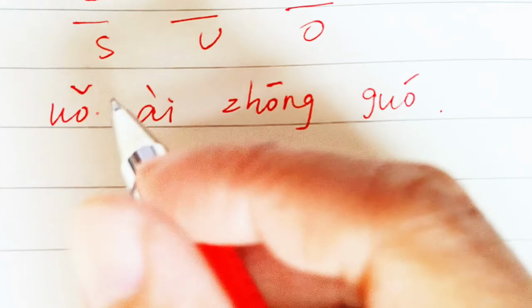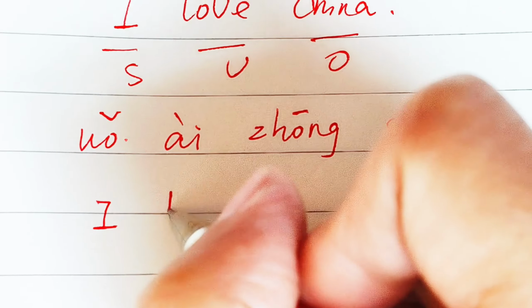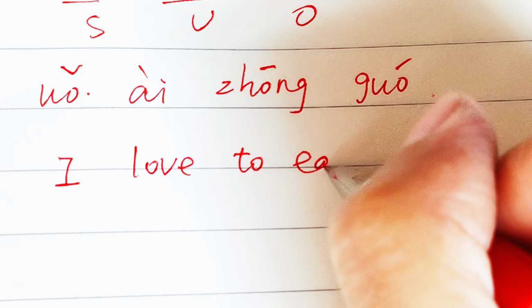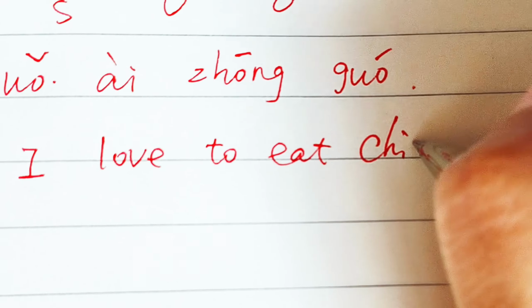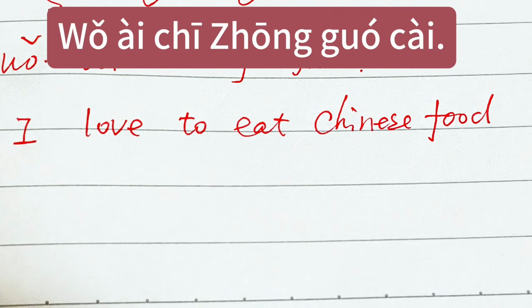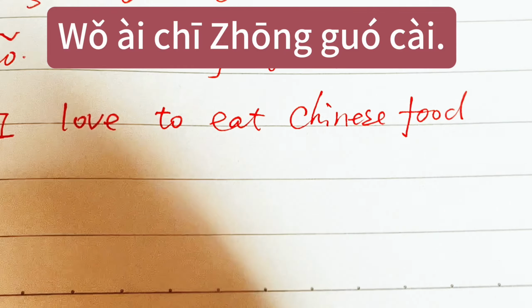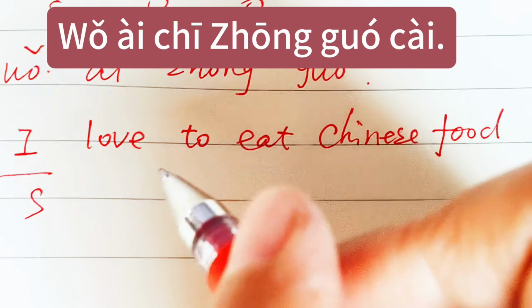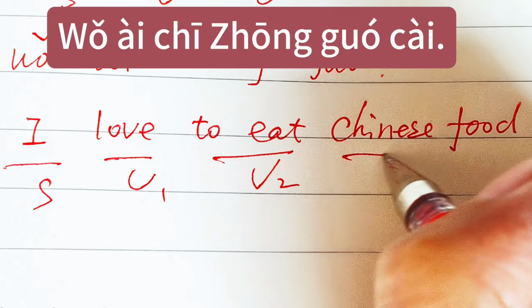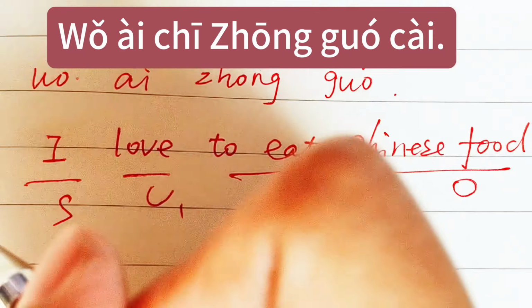Then we can put a verb after 爱. So, I love to eat Chinese food. See, we put eat after this verb, right? Subject, verb 1, verb 2, the object. Put the verb after love.